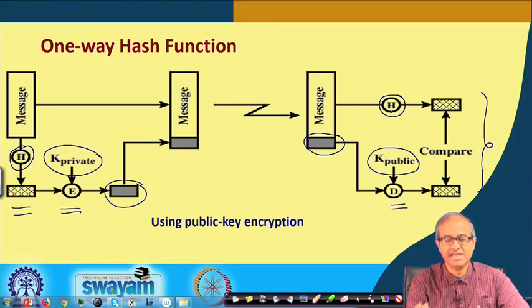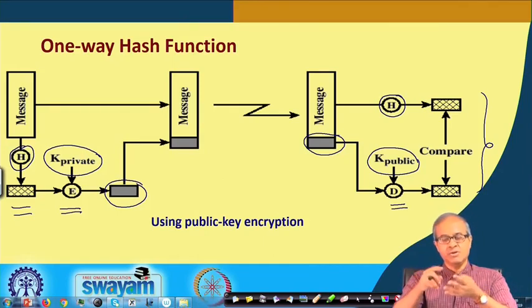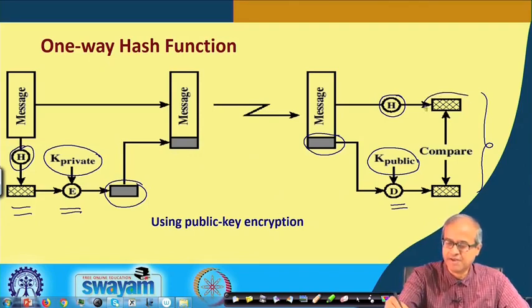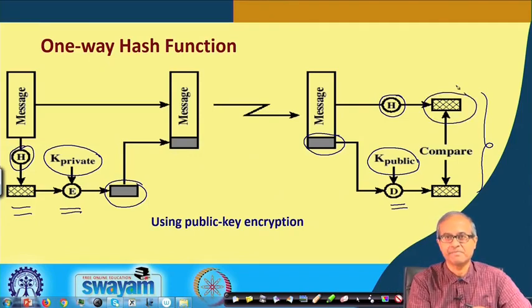If there is a match, just like the previous case with symmetric key encryption, here also we can verify two things together. Firstly, the message must be signed by the intended sender, because otherwise I could not have decrypted it using the public key. Secondly, the message was not modified; there is no loss of integrity, because I could get back the correct hash value.